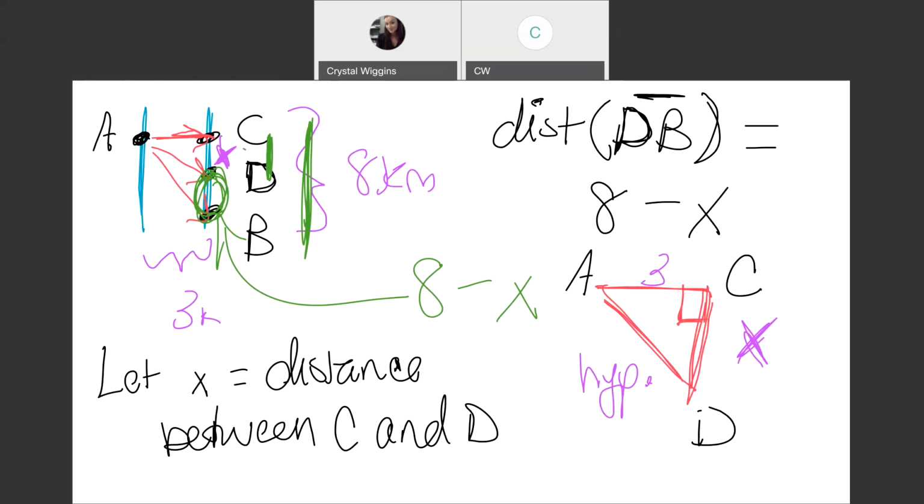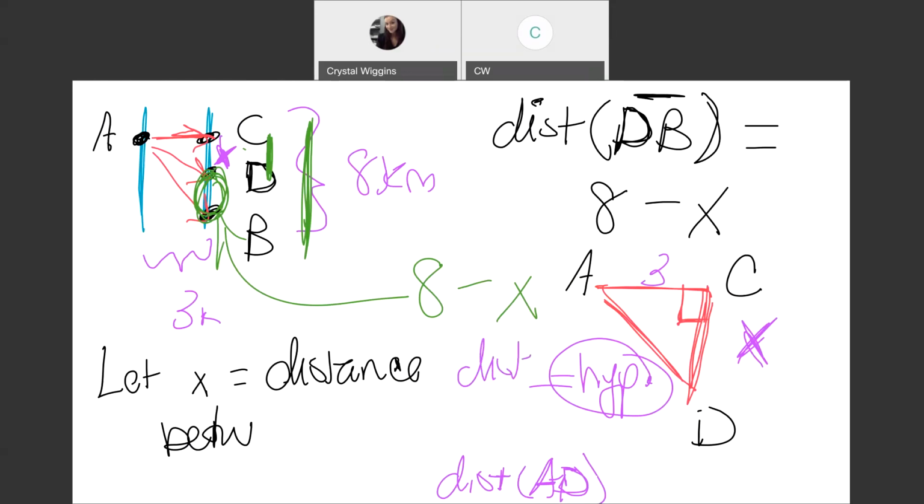Well, we look at the picture, this is the distance between A and D. That might be helpful. So let's solve for the hypotenuse here. Our hypotenuse, which is the distance between A and D.